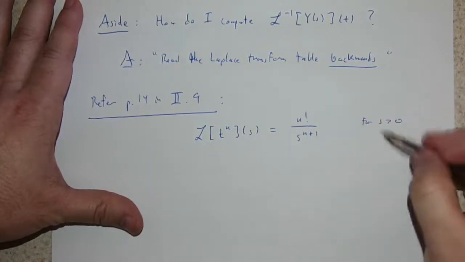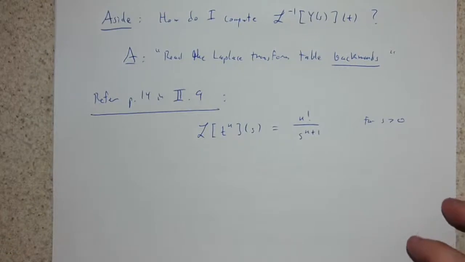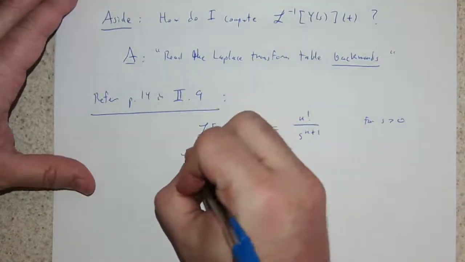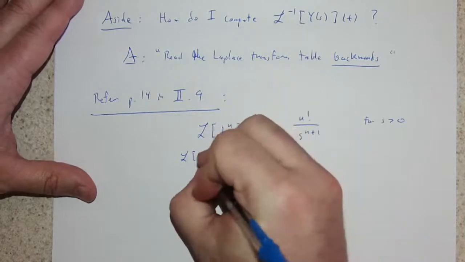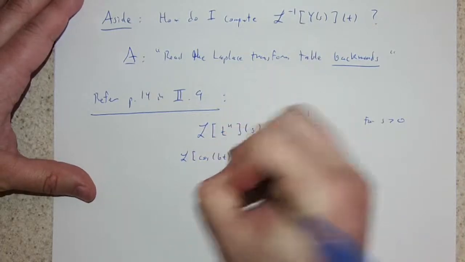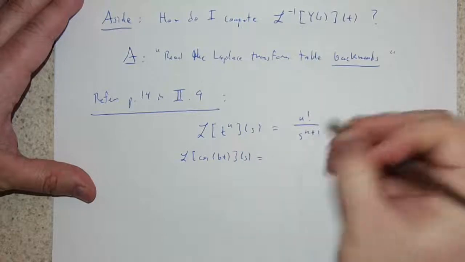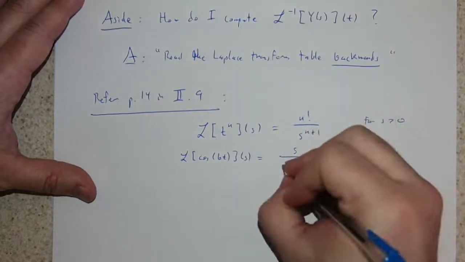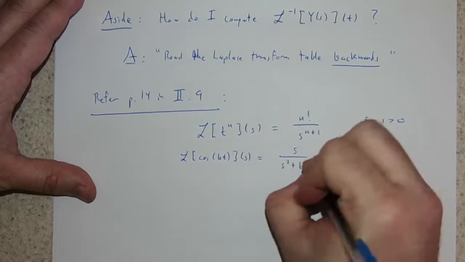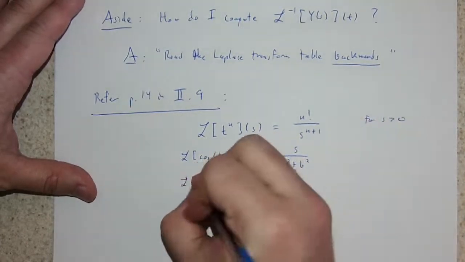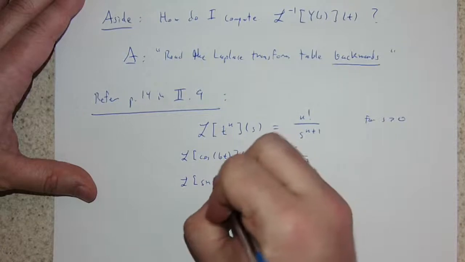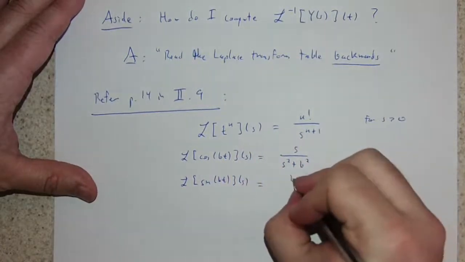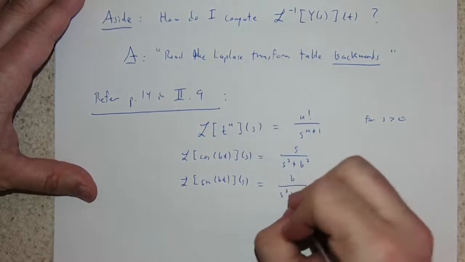I'm not going to write these from here on. You can look up those lines in the table if you want to see which are good and which are not. Let's do the Laplace transform of cosine of bt. Well, we saw already this is s over s squared plus b squared. And the Laplace transform of sine of bt of s is b over s squared plus b squared.